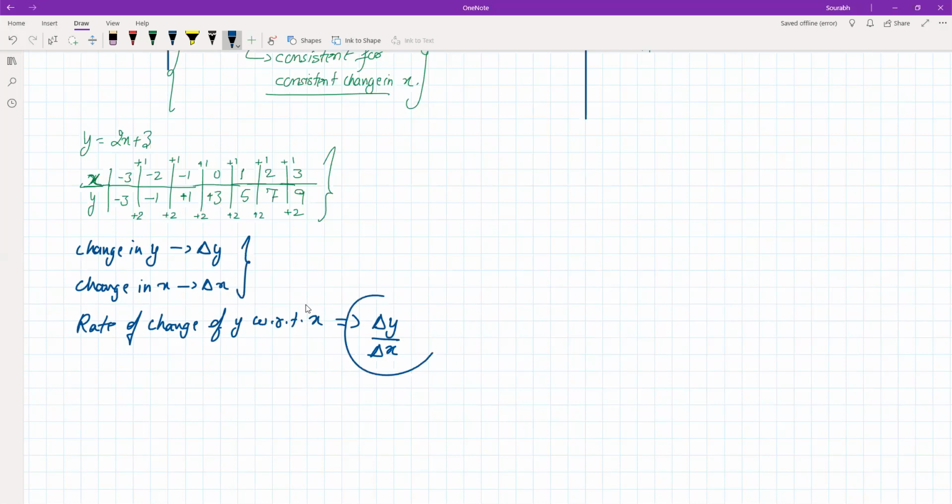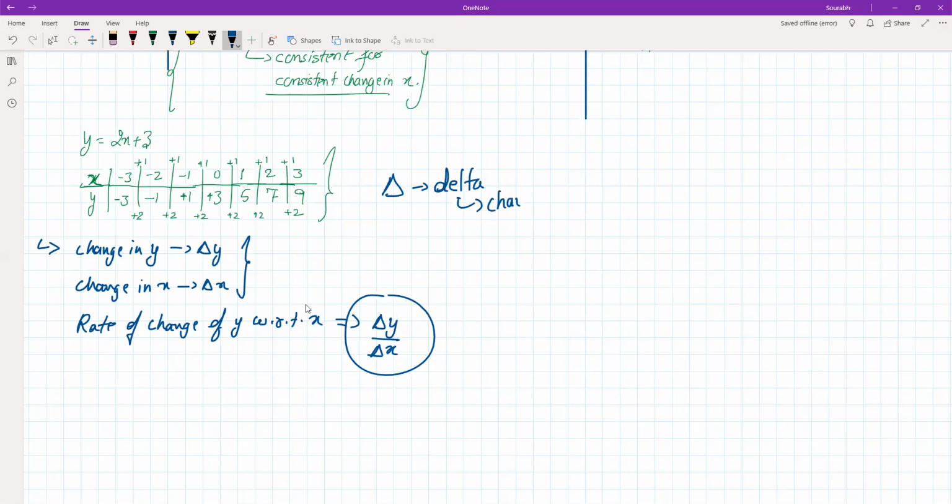Is this part clear, that this is nothing but rate of change of one quantity with respect to another quantity? Sir, can you explain once more, please? Okay, what I said is, we denote or represent change in y as delta y. Basically, delta represents change.